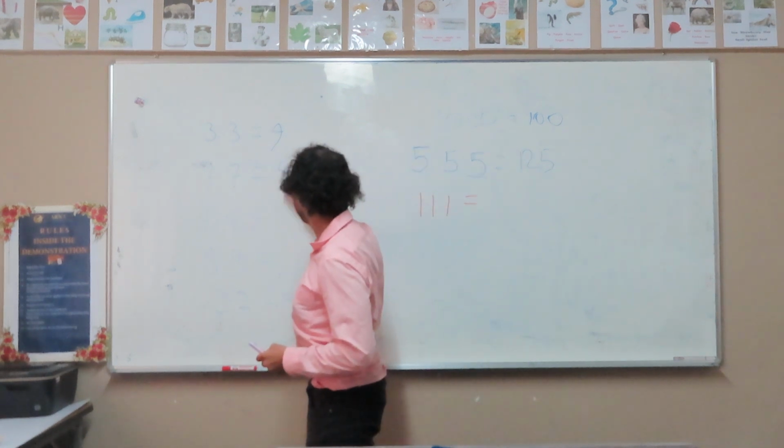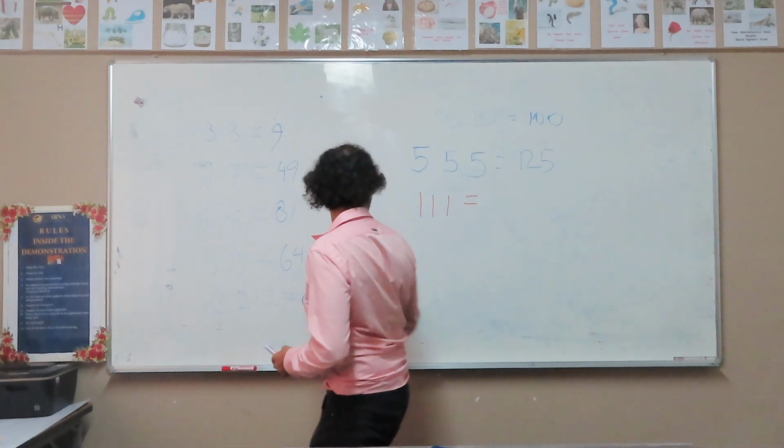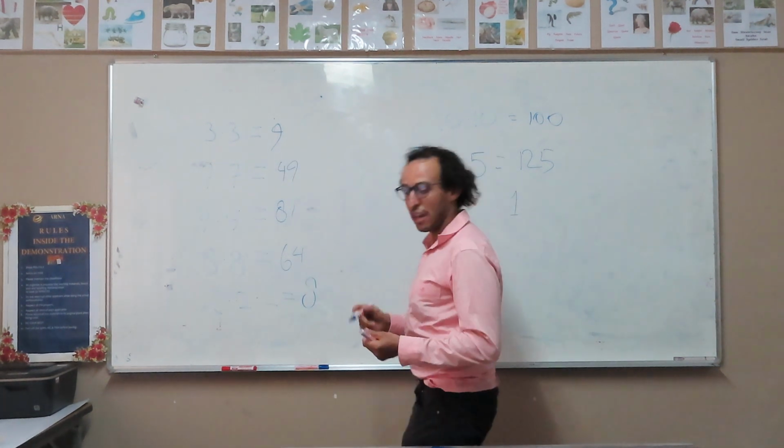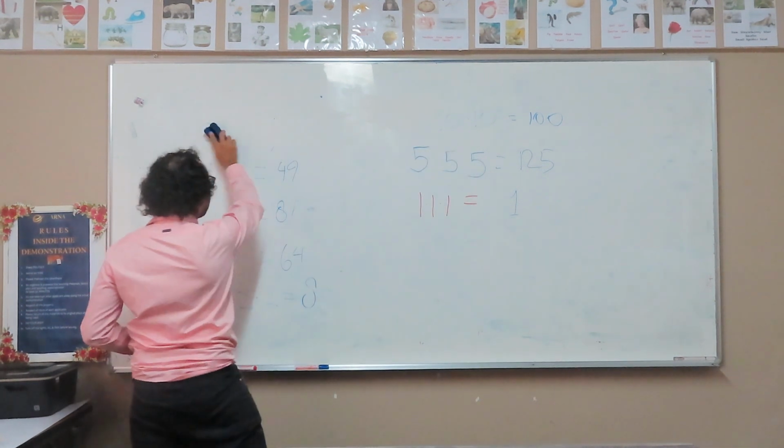So this is obviously 49, 81, 64, 8, 1. After they've answered all the questions, we are going to play a second game.